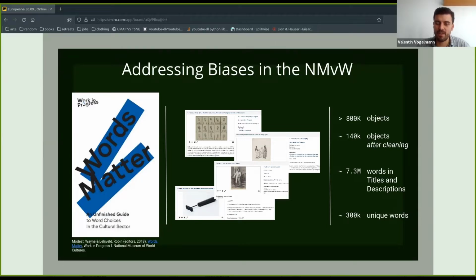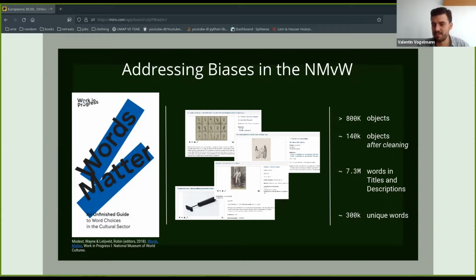There's a lot of objects where information is missing, where information is not quite consistent or coherent. So this is also what I mean by cleaning. So just to give you an idea that this is, as a data set, quite complex to deal with. This will come up later again in the presentation.